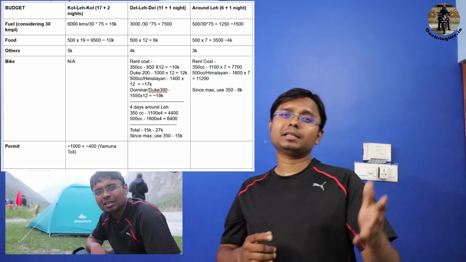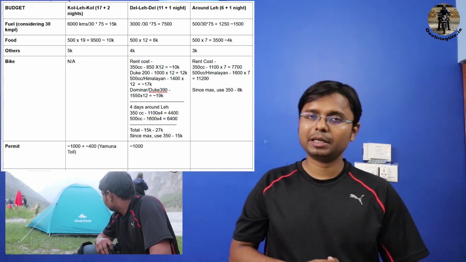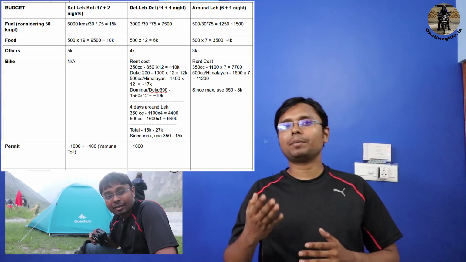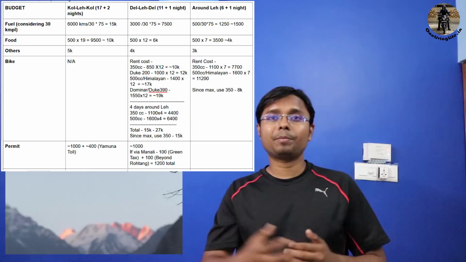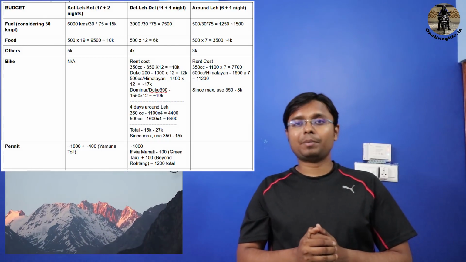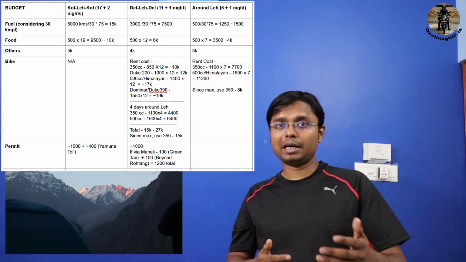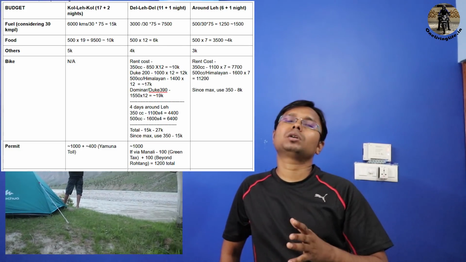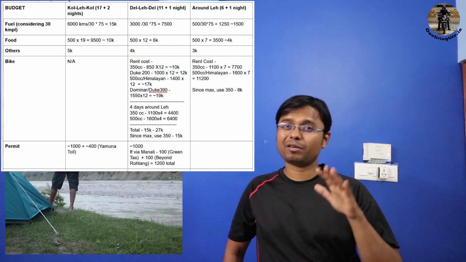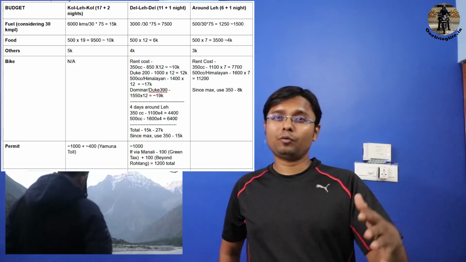Permits के लिए आगे जाके आपको around 1000 देना पड़ेगा. So if you are riding via Manali, naturally that green tax wala part and the beyond Rohtang permit wala cost also adds up. Apart from that, inner line permit that will be applicable for anyone. So considering that, permit cost for a Kolkata to Leh to Kolkata would be roughly at around 1400 to 1500.